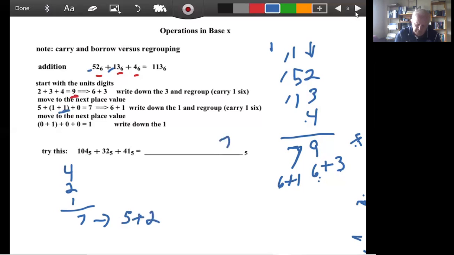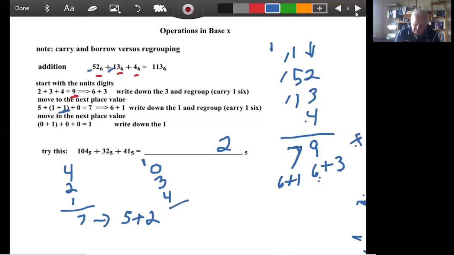So we'll keep the 2 there, and we'll bring the 1 over to the 5 to the first place value. And so we have our 5 to the first place value is 0 and 3 and 4 plus the 1, 5 that we brought over.